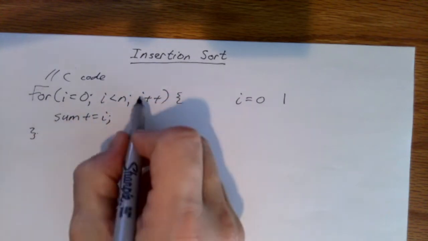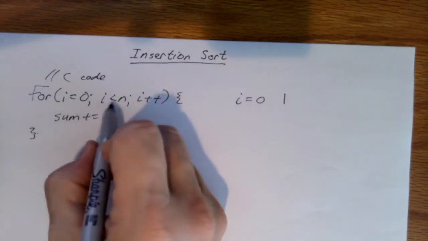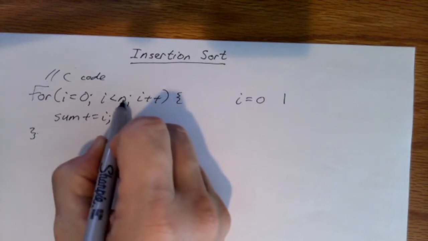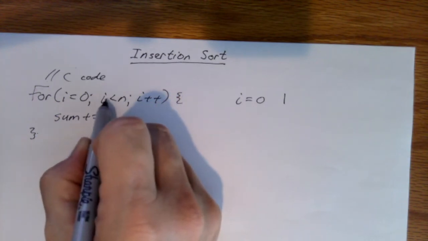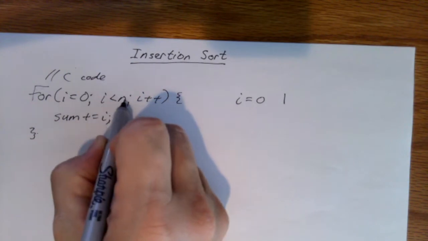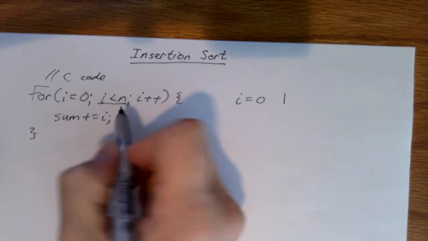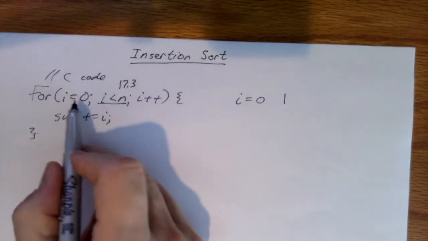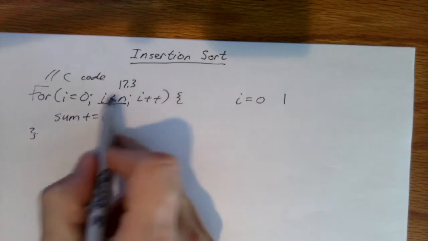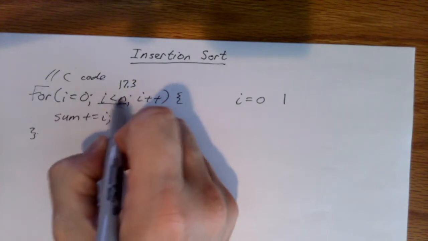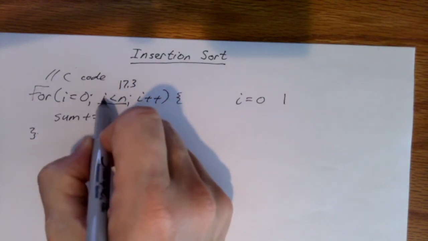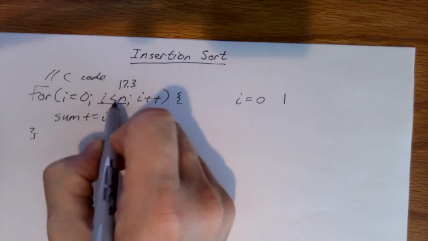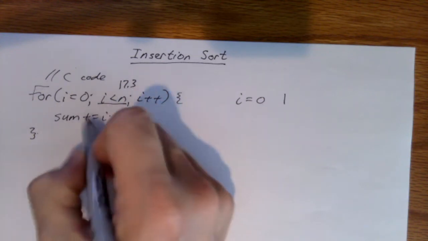And eventually we should get to the point where, in this case, if n is an integer, I would be equal to n, and that would break the test. And even if n wasn't an integer, let's say it was 17.3, well, I starting at 0, we're adding 1 each time, we'll get to the point where I would be equal to 18, which is not less than 17.3, so the test would stop.